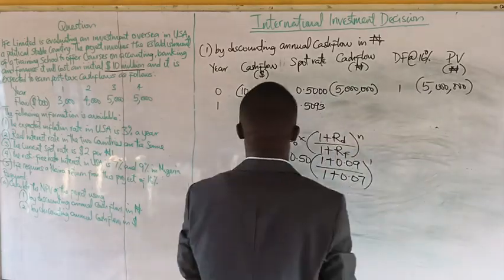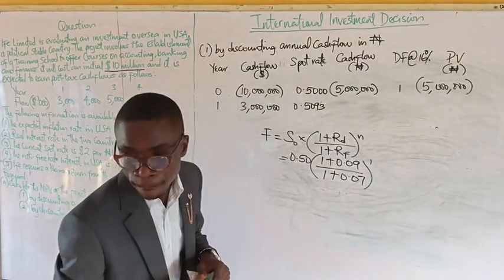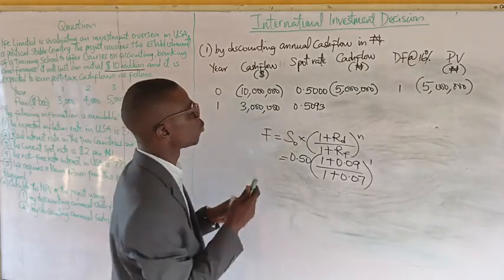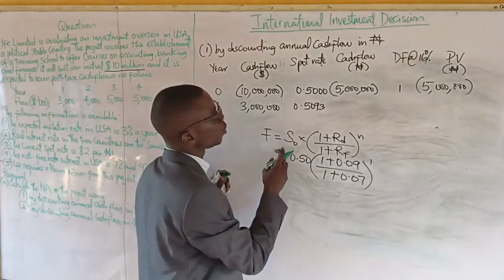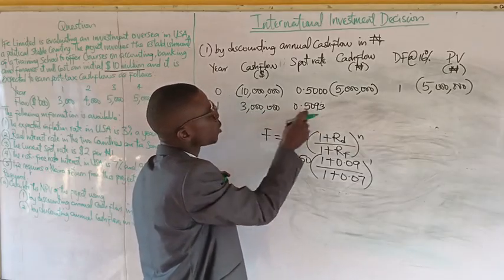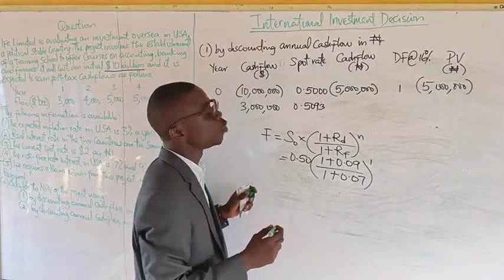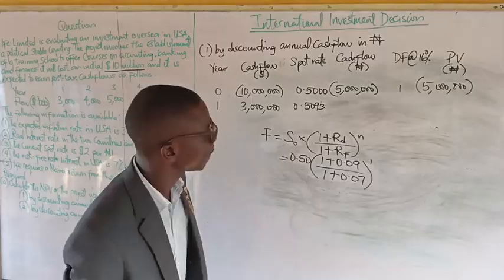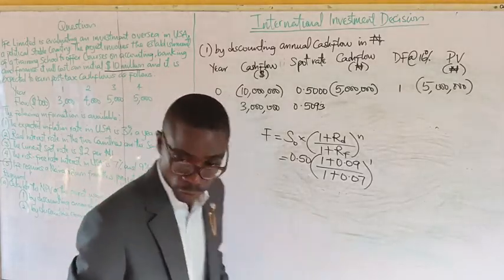So this times this will give us what now? If you know the spot rate in year 1 now, it will be 3 million times 0.5093. Let's be fast.